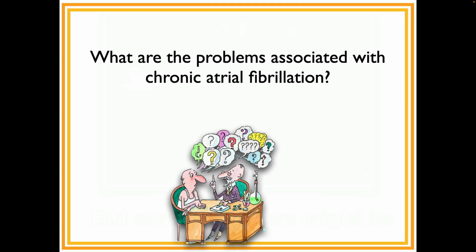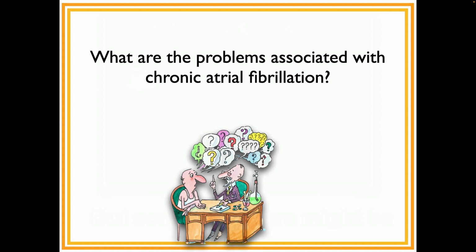What are they? Who knows? Stroke, absolutely. Do you know why? Because since it's fibbing, it's not clearing all the blood out, so it can develop clots inside the atria, and then they'll go all over the place, specifically to the brain. So what's happening is the atria are going crazy electrically, but they're just sitting there mechanically.